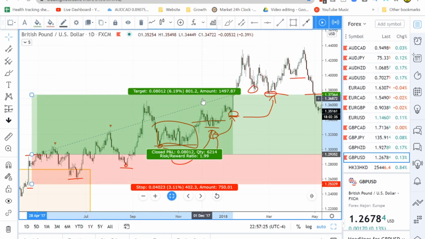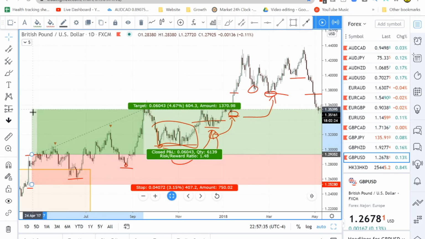This will be around a 2-to-1, given that we have a big stop loss when it started. See, we were all the way to here, and that's pretty big of a stop loss. But the other trade, I think, will be more favorable because we had a smaller stop loss.